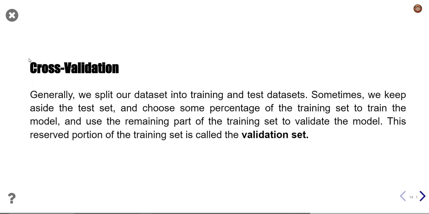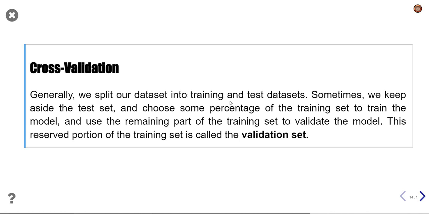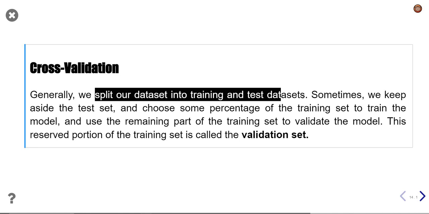Now this is very important: cross-validation. Generally we split our data, so you need to know what cross-validation is and the importance of cross-validation. We split our data set into training and test data sets.